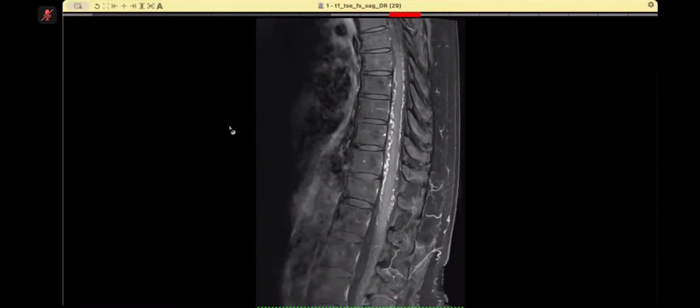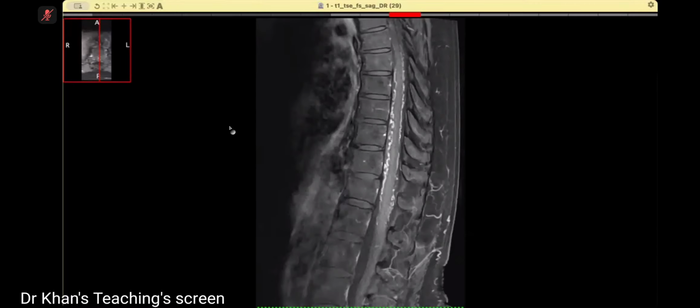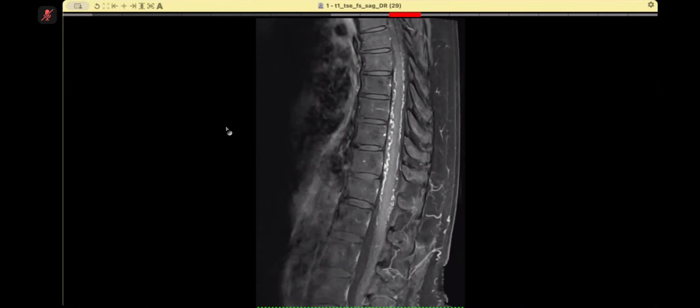And they're extramedullary intradural. So, this could be an arteriovenous fistula, AV fistula. So this AV fistula, where will it be based? Anatomy-wise. It's extramedullary and intradural.